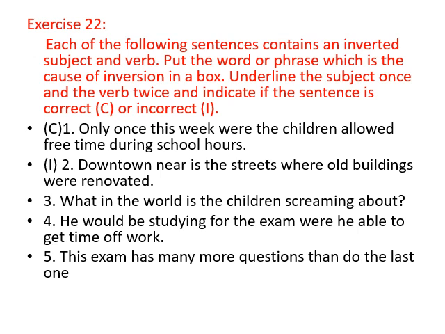He would be studying for the exam if he were able to. أنا شلت if يبقى أحط الفعل قبل الفاعل. Were he able to get time off work؟ صح الجملة دي.